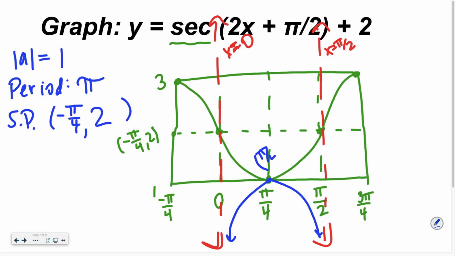And then draw in your U's based on where these coordinates are up here.